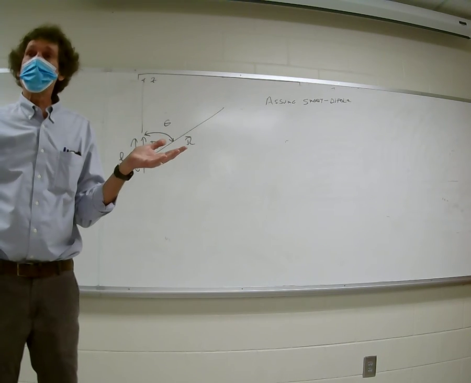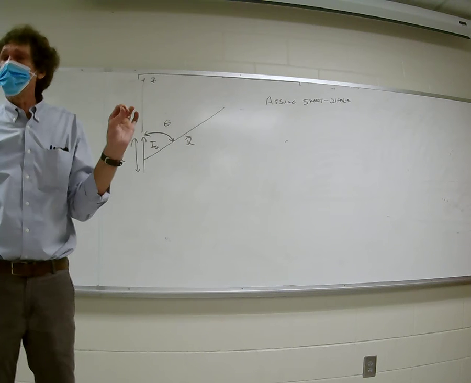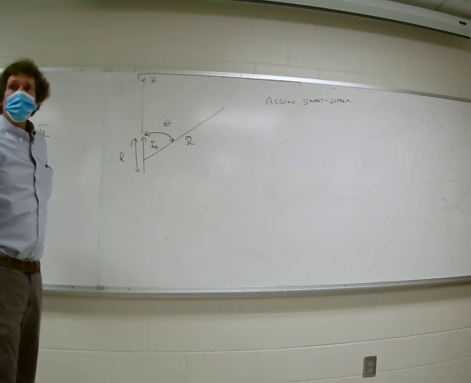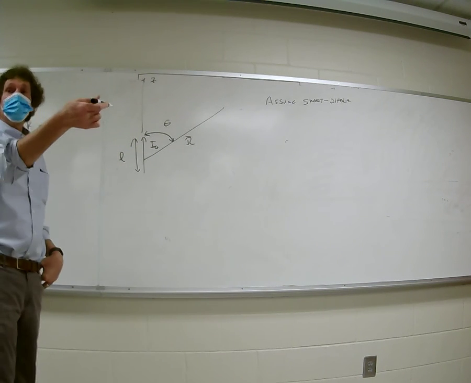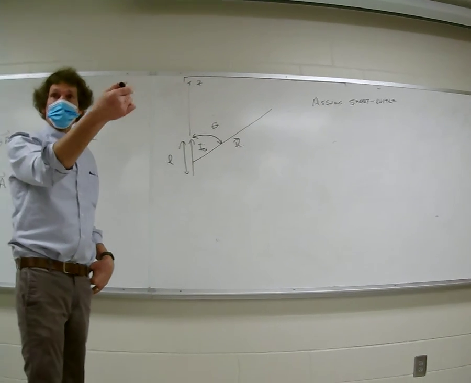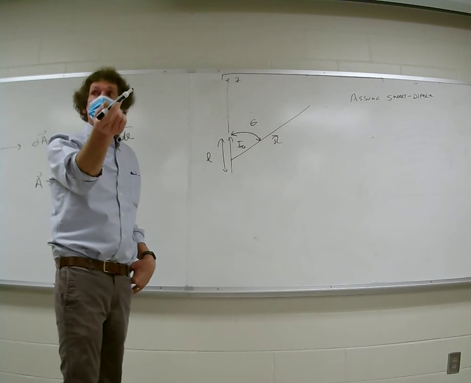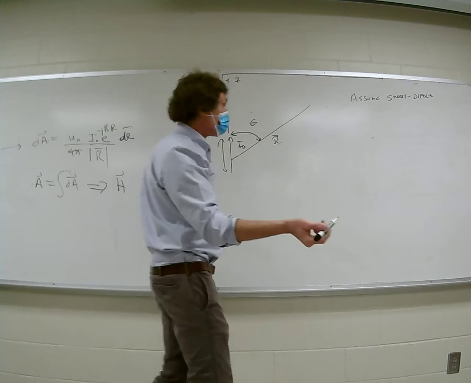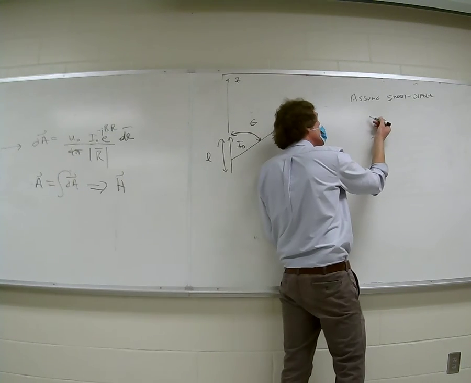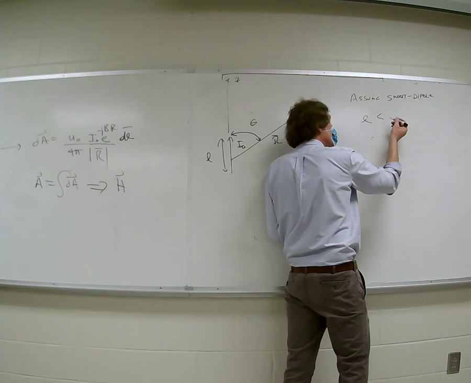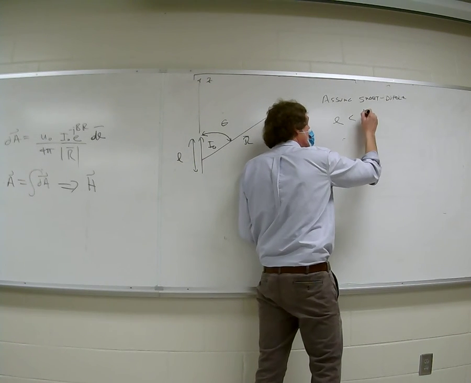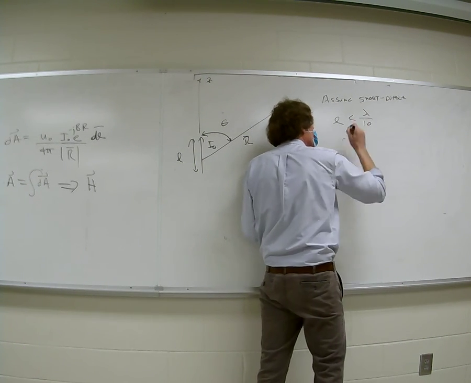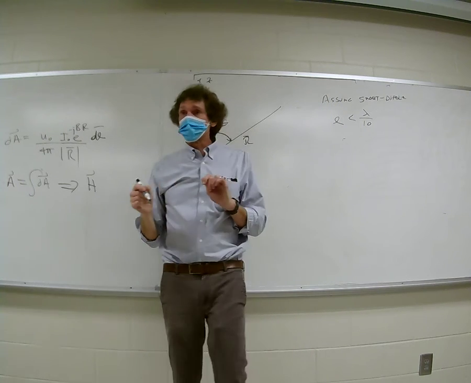When you take math, don't they say 1 plus x where x is small? Well, what's small? Usually the rule of thumb is a tenth of whatever value is next to it. Like if it's 1 plus x, x would be a tenth or less. That's a rule of thumb, but it's not always that way. So when we take a short dipole, we assume L is less than the wavelength in free space over 10. That's the assumption for a short dipole.